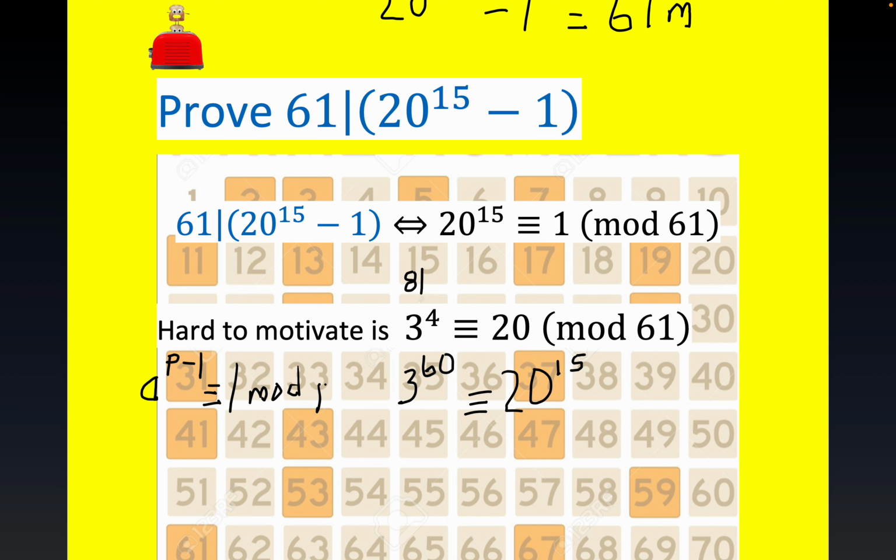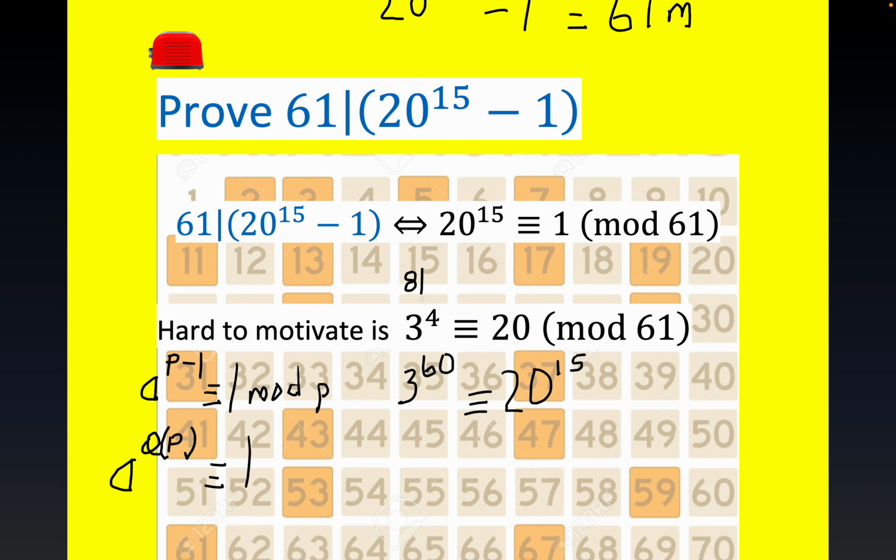Now, a lot of you may have seen the Euler Totient function. It's the very same thing. You can write this as a to the phi of p, which follows from Euler's Totient function basically, is congruent to 1 mod p.